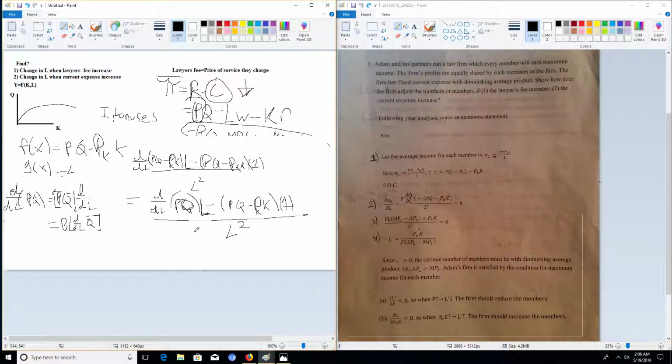And this is actually what the professor has. He has it in the form of, I'll include an L here, so I'm going to include all 3, or technically 4, of these. So he has it in the form of P times dQ in the numerator, Q is just up top here, dL, times L.